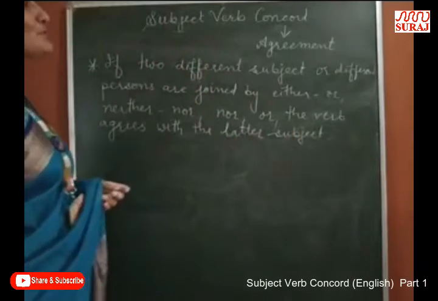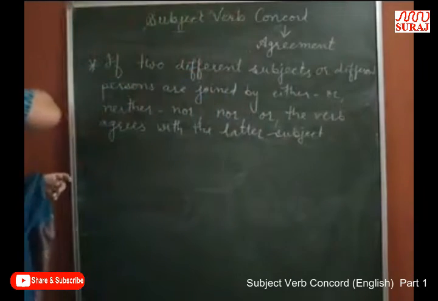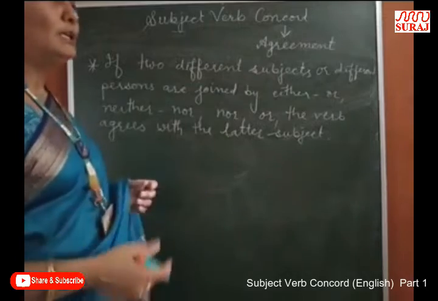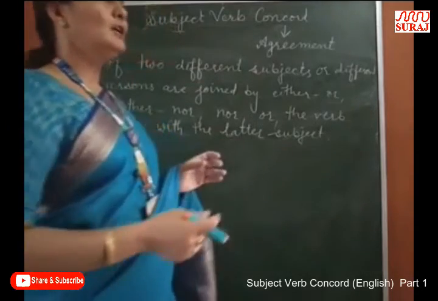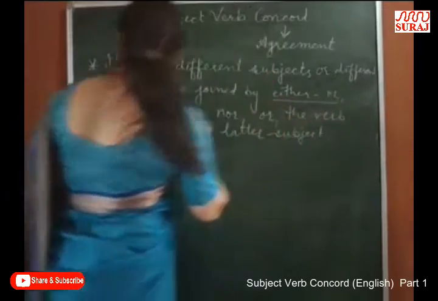If two different subjects or different persons are joined by either or, neither nor, not only but also, these are the correlative conjunctions.